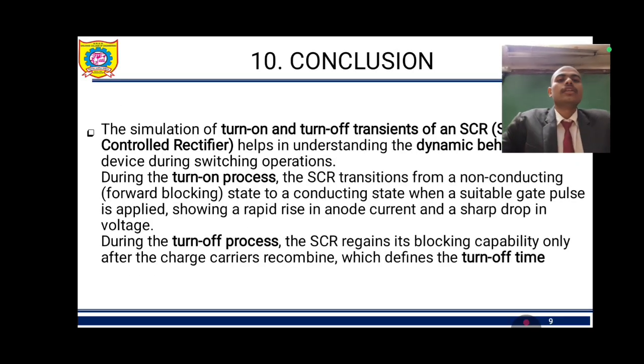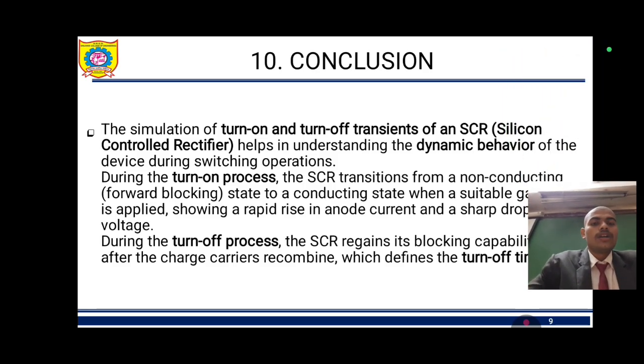Next slide is the conclusion. The simulation of turn on and turn off of the silicon controlled rectifier helps in understanding the dynamic behavior of the device during switching operation.